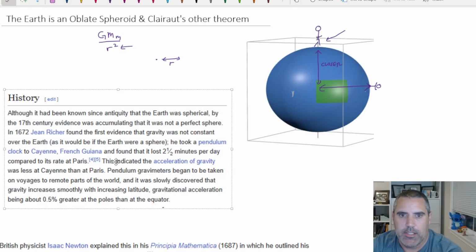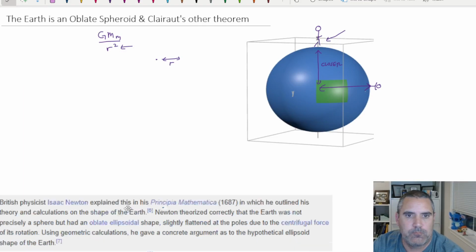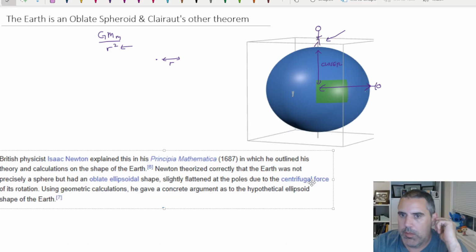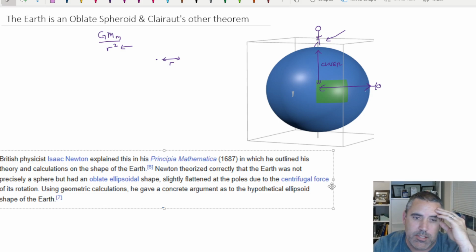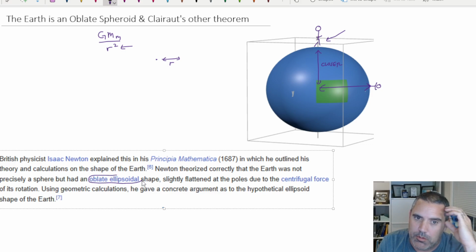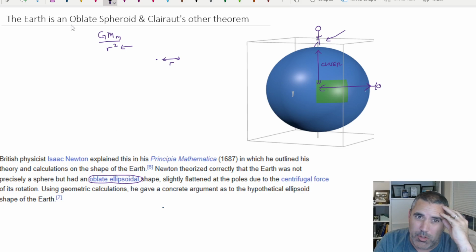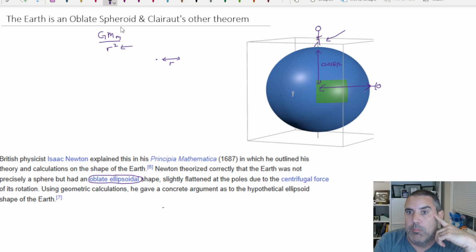And then what it says is that Newton talked about this. And he theorized that the Earth was not precisely a sphere, but an oblate ellipsoid. So he said, we don't know, maybe it's an ellipsoid. Now, the terminology, I'd never really heard this, but an oblate spheroid is one where the equator is a circle.